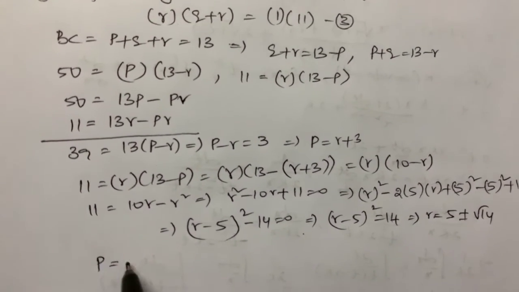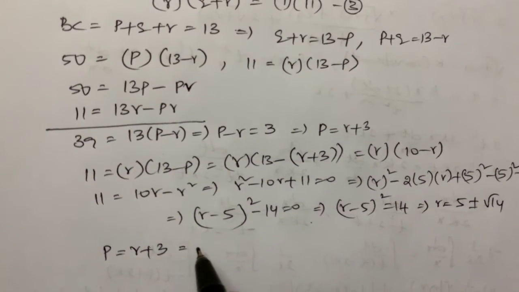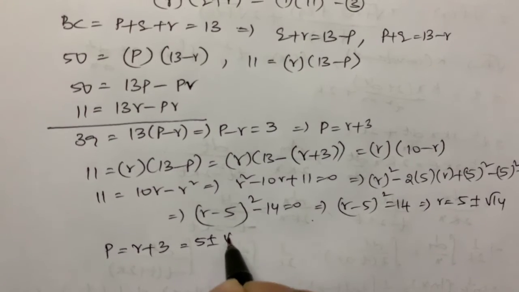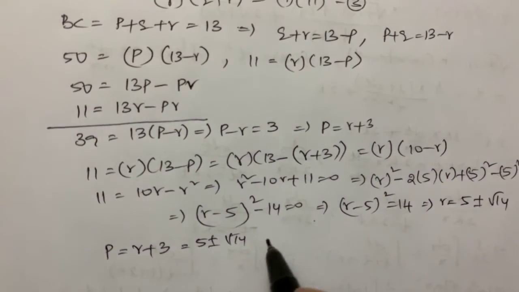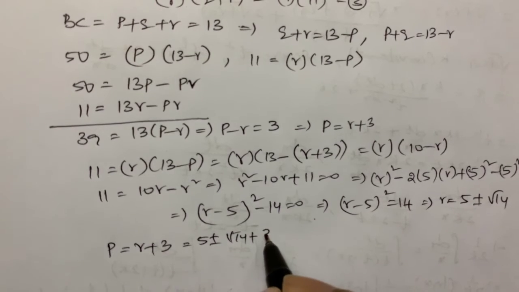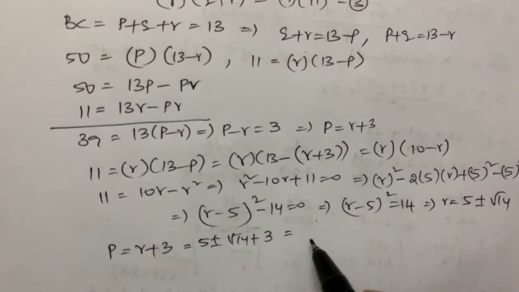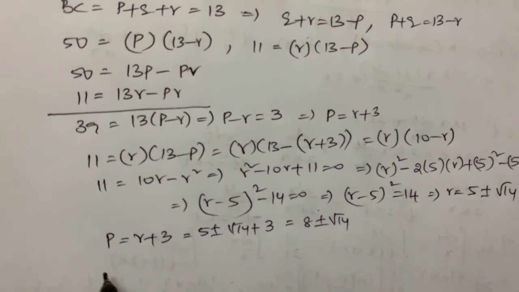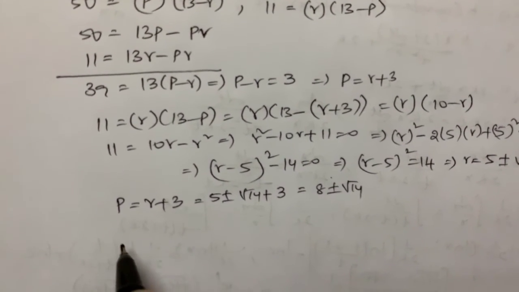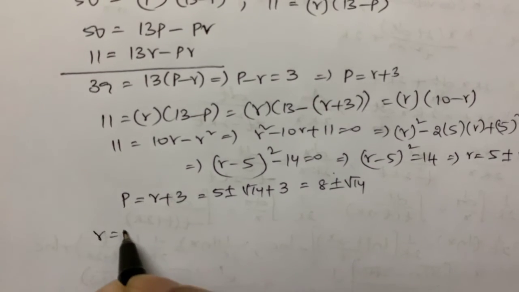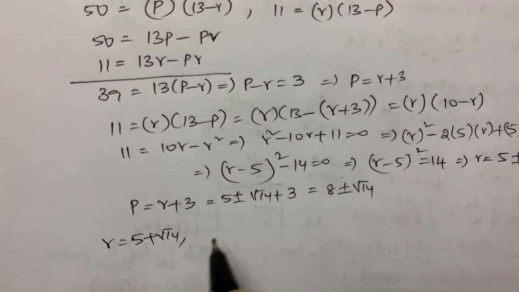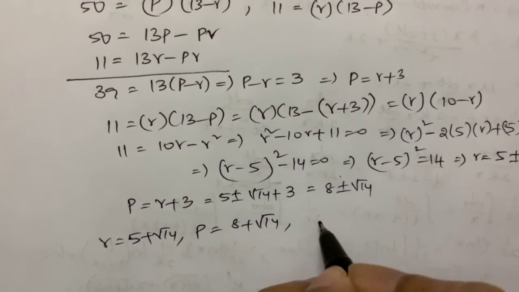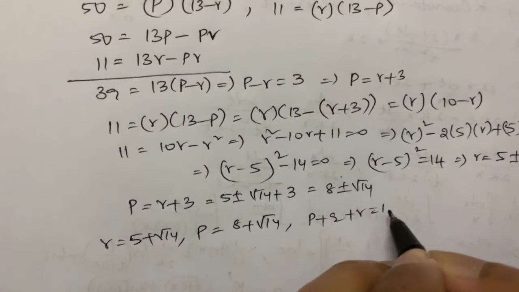So P will be R plus 3, which is 5 plus or minus root 14 plus 3, so 8 plus or minus root 14. Now if I take R equal to 5 plus root 14, P is 8 plus root 14. P plus Q plus R should be equal to 13.